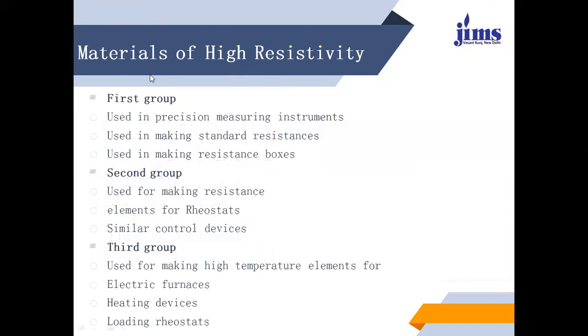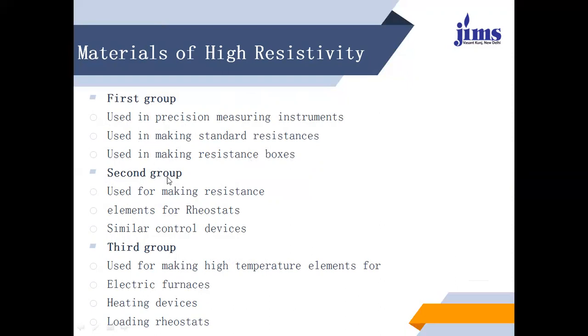They can be identified in three categories: first group, second group, and third group. First group materials are used in precision measuring instruments, for making standard resistances, and for making resistance boxes.